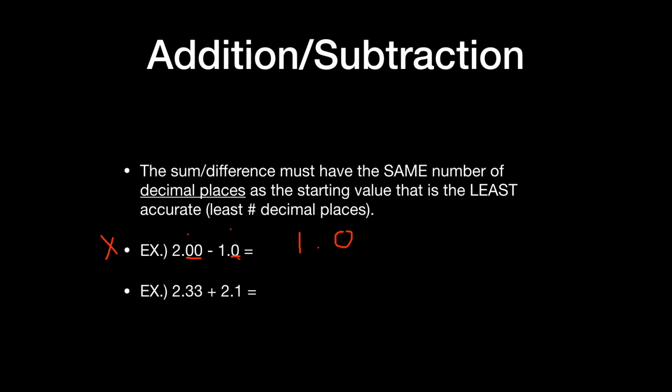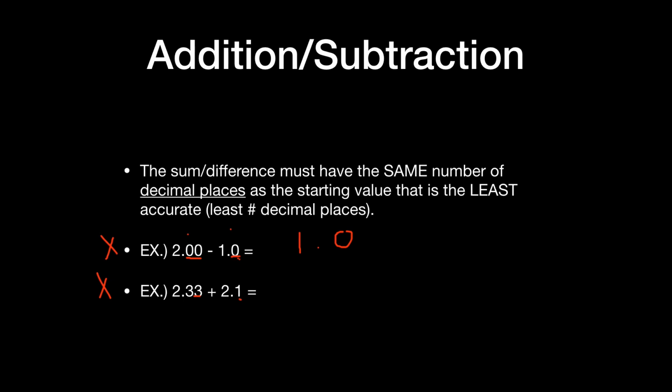Alright, now this second example, 2.33 plus 2.1, sorry. So this has 2 decimal places, this has 1, so I want my answer to have 1 decimal place.